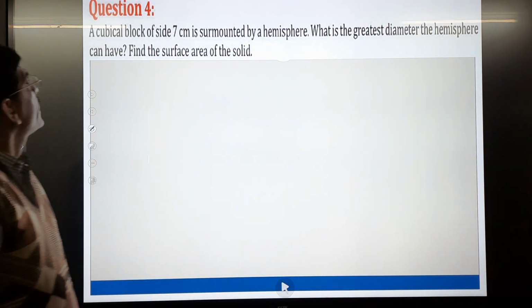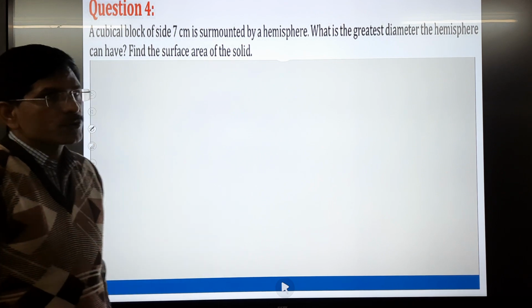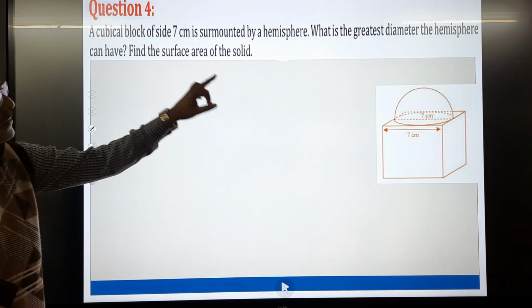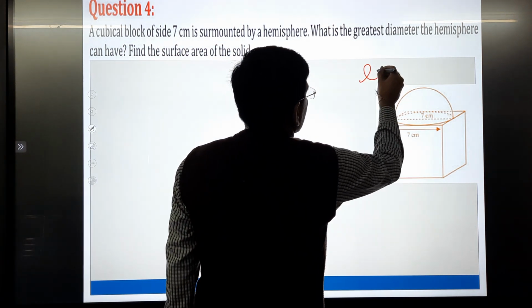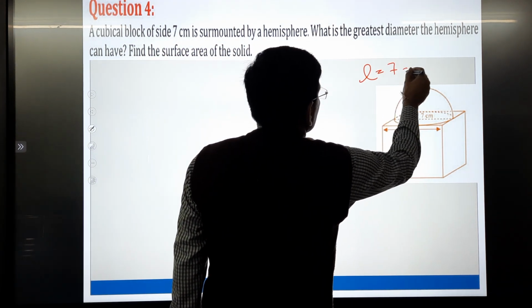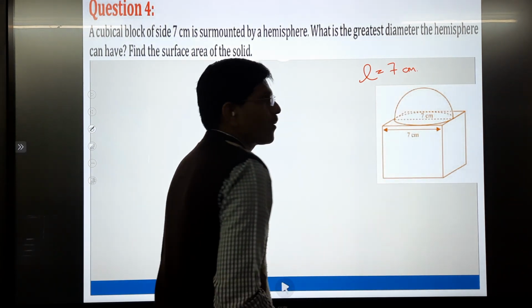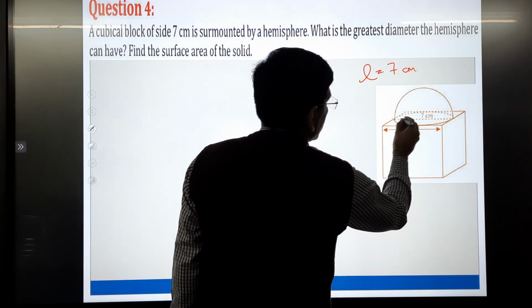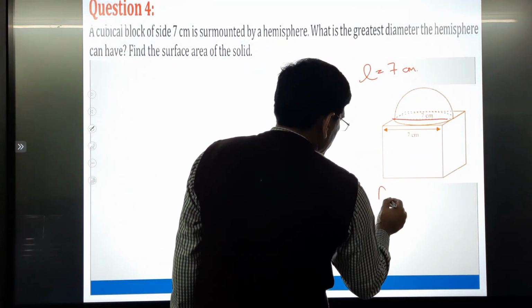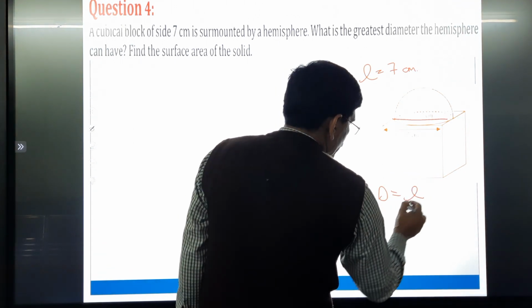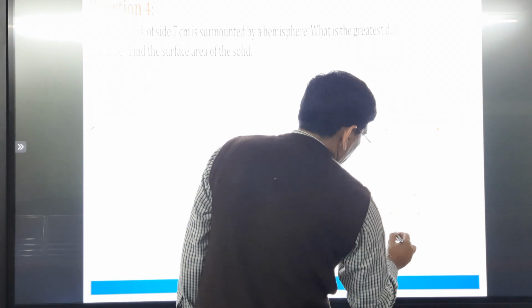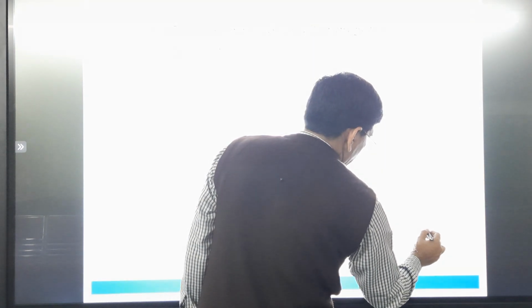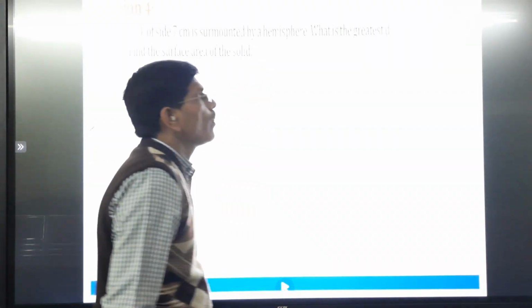So now next, a cubical box is surmounted by a hemisphere, so that is the figure. Length L is equal to 7 centimeter. Diameter D is equal to the length. So diameter means 2R is equal to 7, so R is equal to 7 by 2.